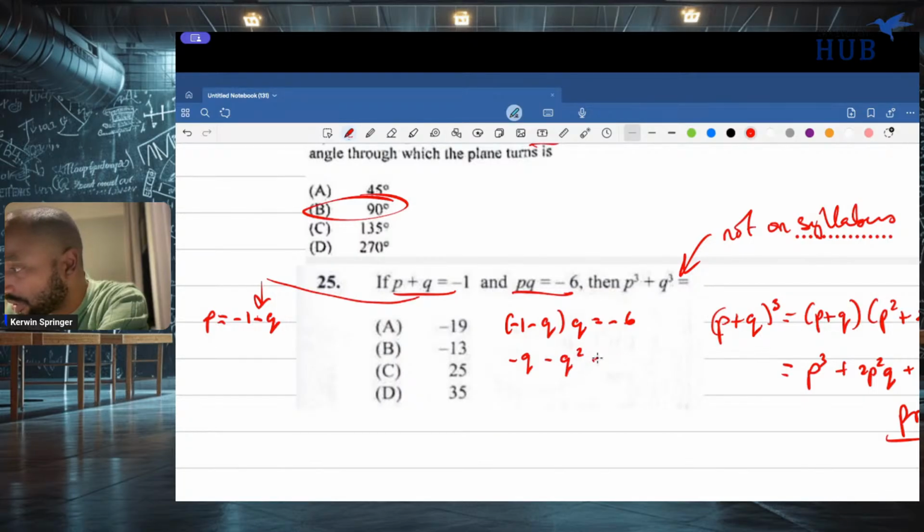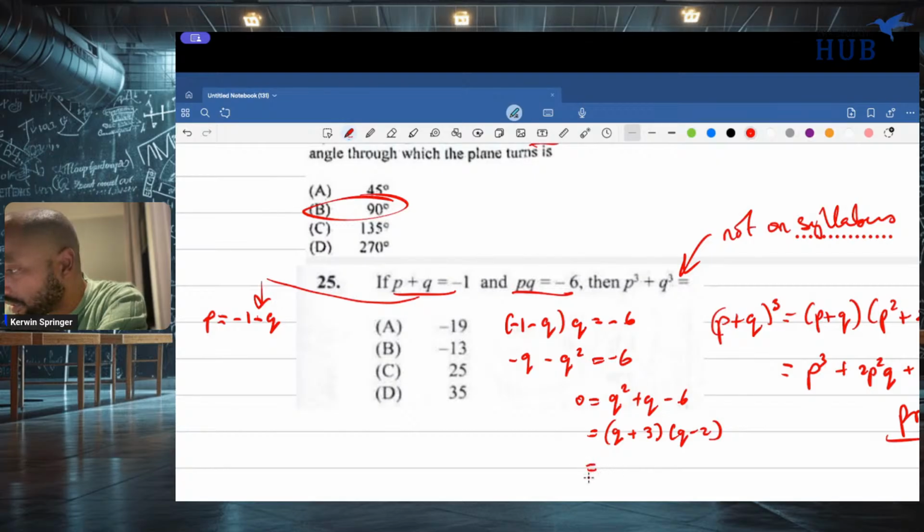Is equal to -6. So this will be 0 is equal to Q squared plus Q minus 6. So in other words, we'll have Q plus 3 times Q minus 2.